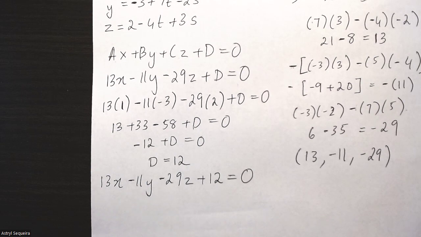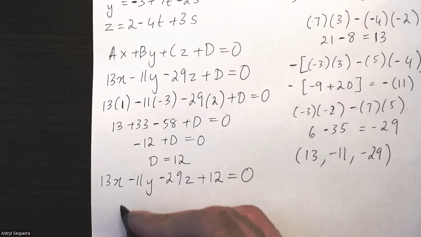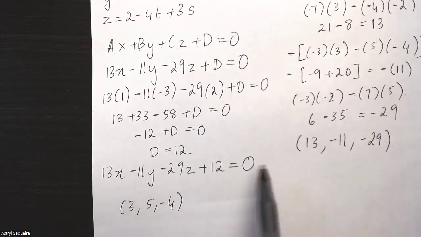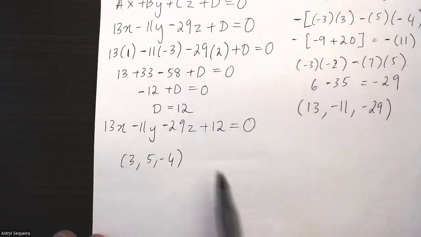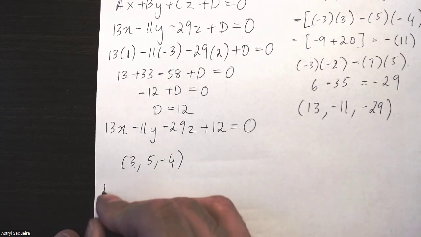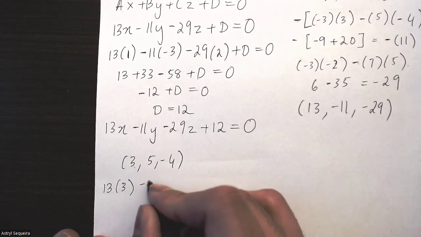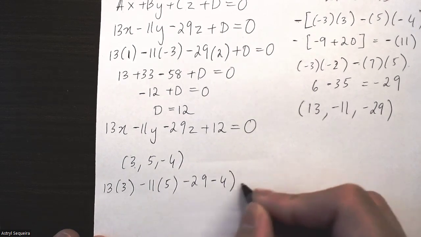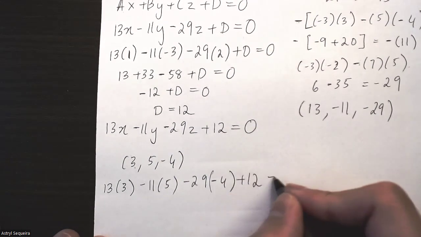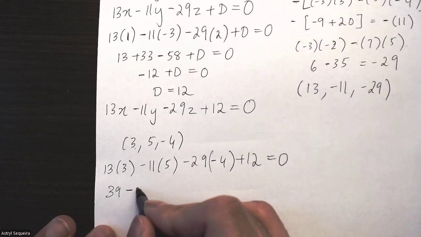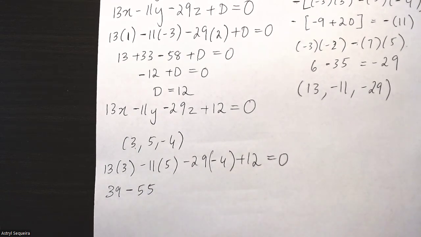And the last part of this question asks us to determine whether the point 3, 5, -4 lies on this plane or not. So in order to prove whether this point lies on this plane or not, I just have to sub in this point over here. And then I just have to solve this and check whether it equals to 0 or not.